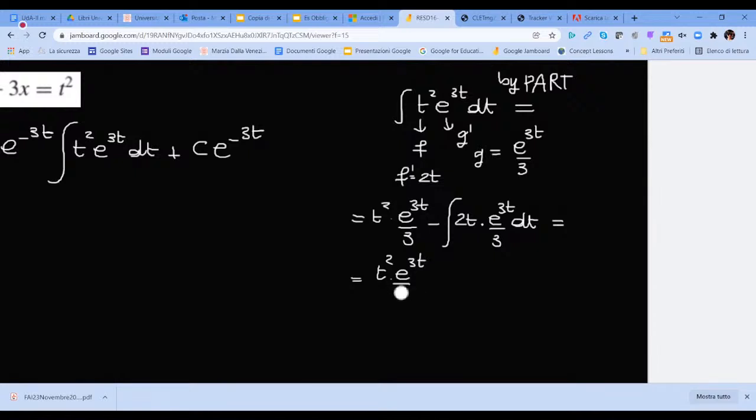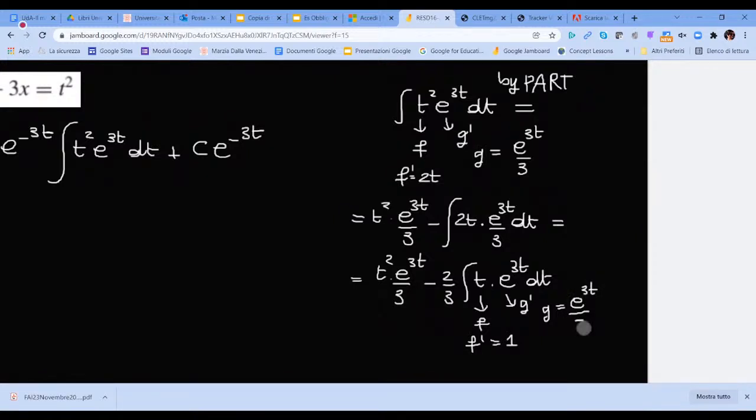Of course, if you have to compute the integral with lower and upper bounds of integration, you have to compute in this term too. But you can take out 2/3 and rewrite this integral as the integral of t times e to 3t dt. That means that you again consider f and g prime, so that f prime is equal to 1 and g is equal to e to the 3t divided by 3.